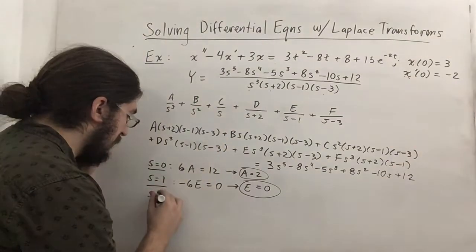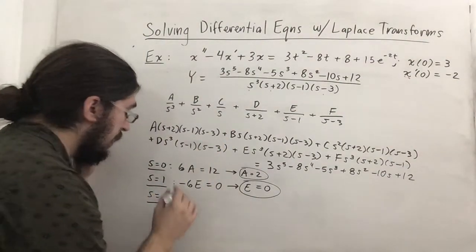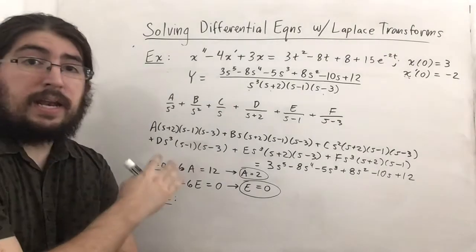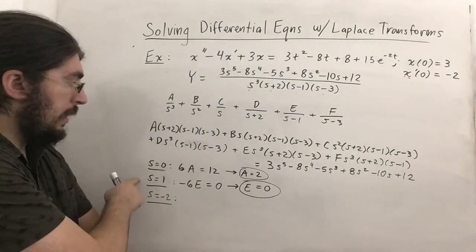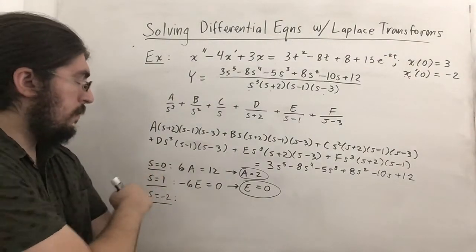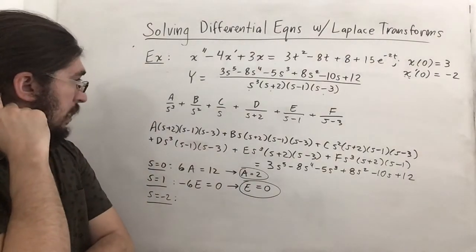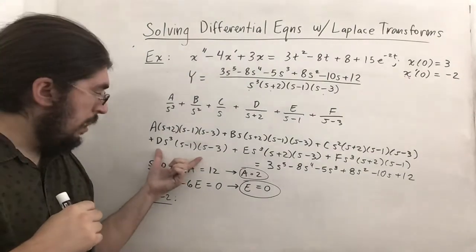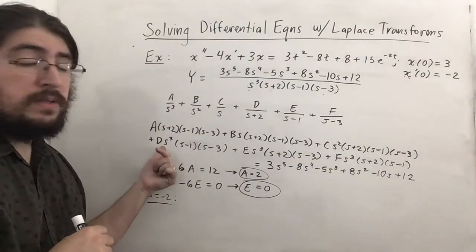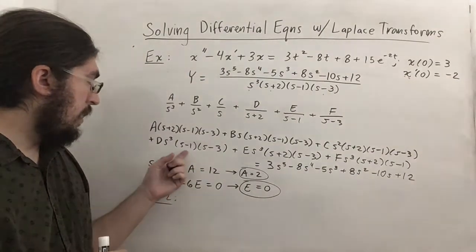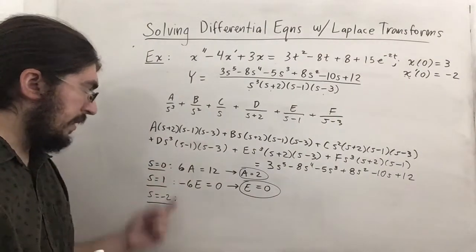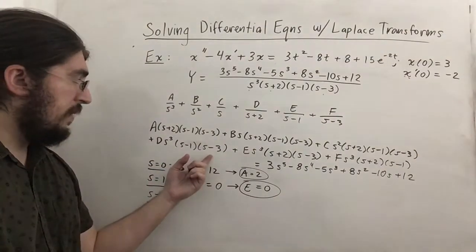Negative 2, for instance, that one's going to be a little interesting to plug in. But anything involving an s plus 2 will be 0 in a very similar way to what happened for s minus 1 when s is equal to 1. And the only surviving term actually will be this one. Now when you plug in negative 2, you get negative 2 to the third, which is negative 8. That's going to be negative 3. Negative 2 minus 1 is negative 3. And that's negative 5.